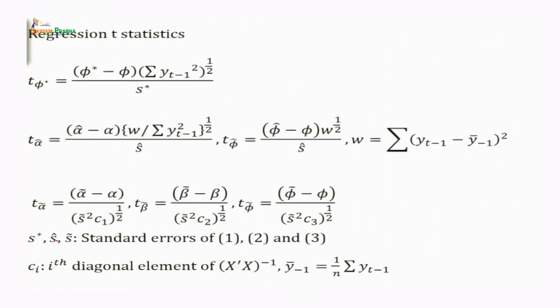Where s star, s hat and s curl are the standard errors for equation 1, equation 2 and equation 3, and C i denotes the ith diagonal element of X transpose X inverse. So, in fact, C 1 is the first diagonal element, C 2 is the second, and C 3 is the third diagonal element of X transpose X inverse.